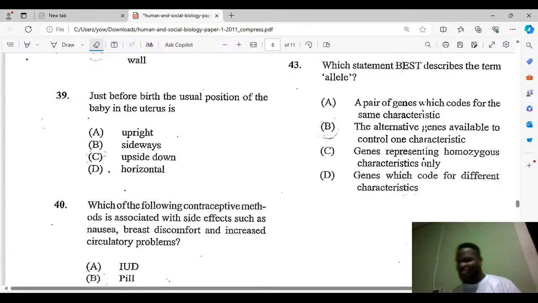Allele is an alternative gene available to control one characteristic. Excellent. B is the answer, guys. Let's put some life into it. Let's move.